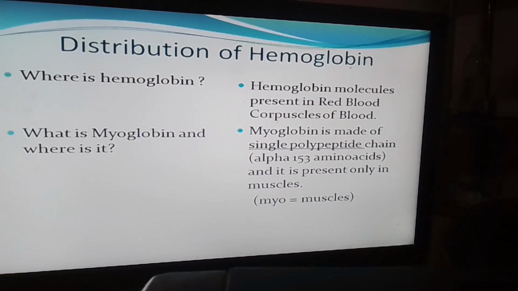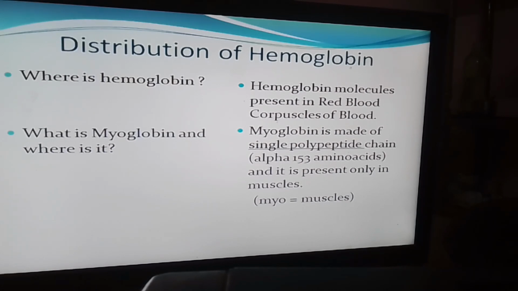Accordingly, here we have given 143 amino acids, that too in alpha form. And that's the difference between myoglobin and hemoglobin in structure. Myoglobin is also globular, but a monomer of heme and one polypeptide chain.